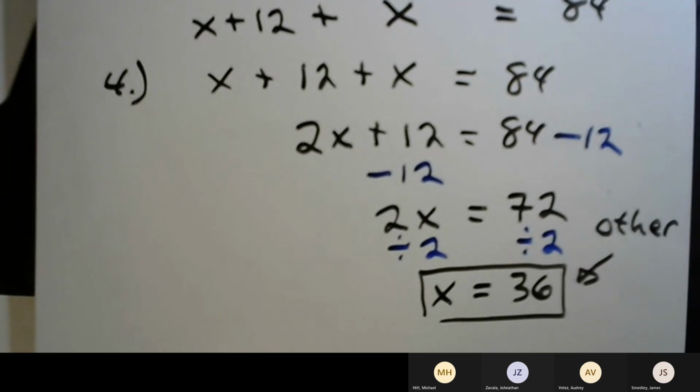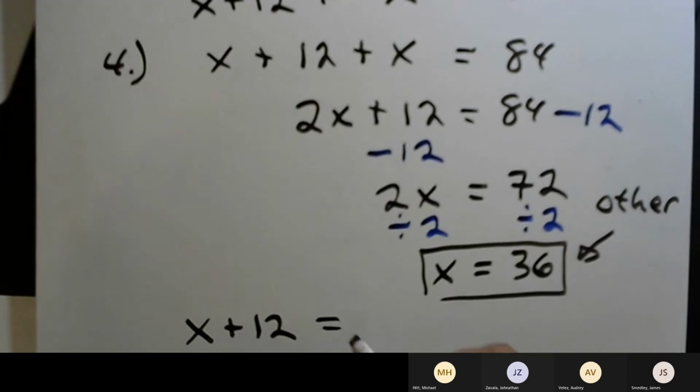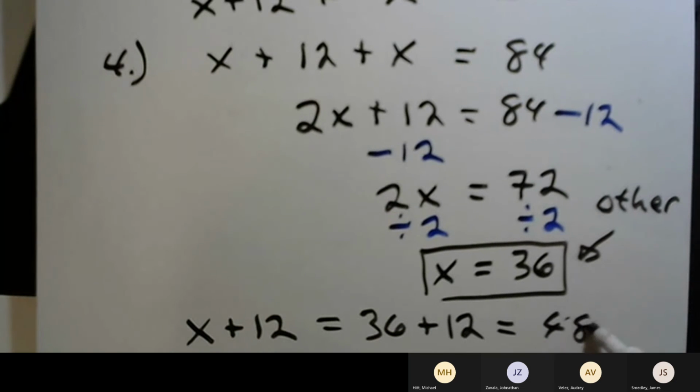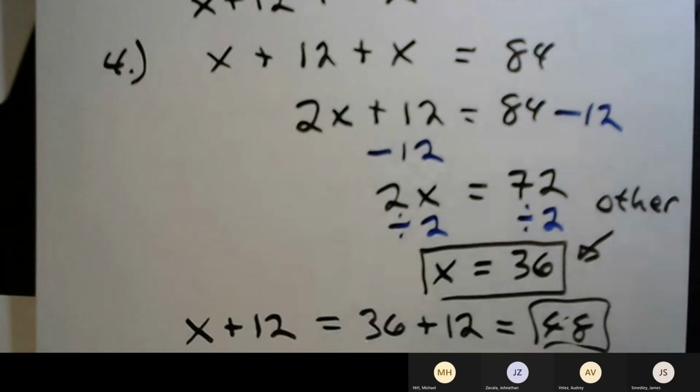But the one casting, all we had to do was add 12, and then we would have it. So the one casting is the other plus 12, or 36 plus 12. That's going to be 48.